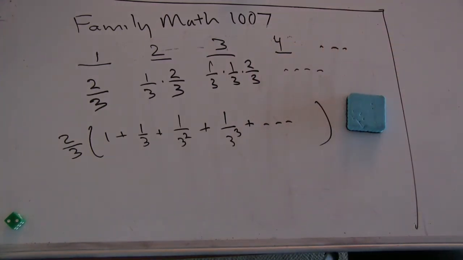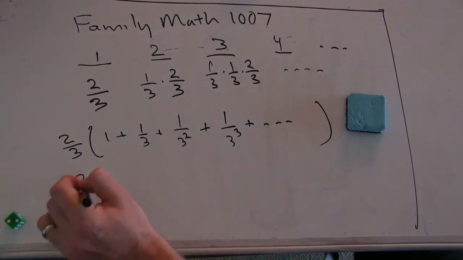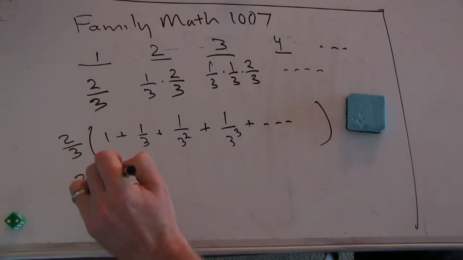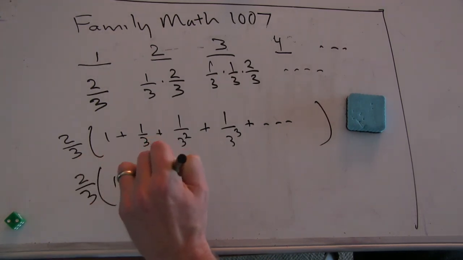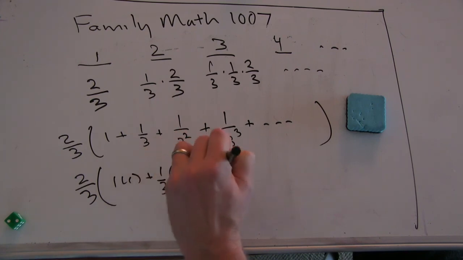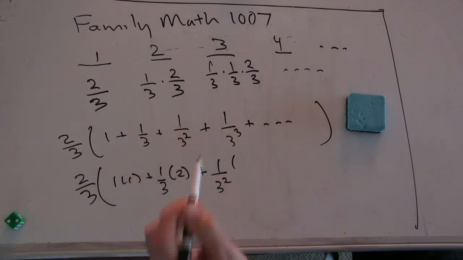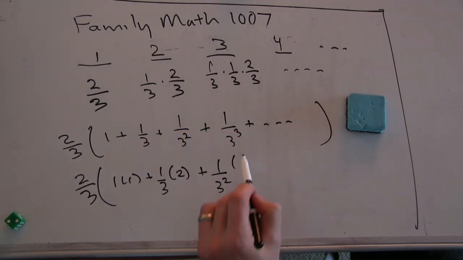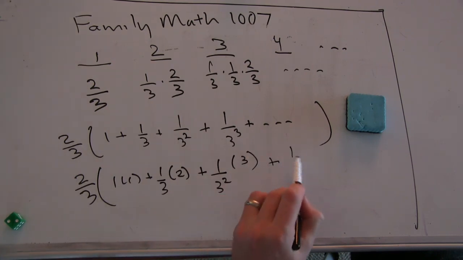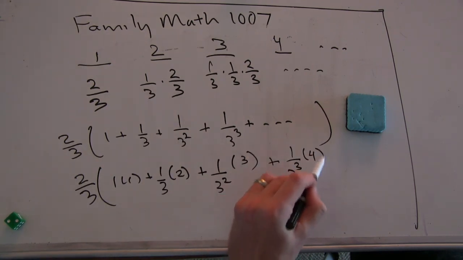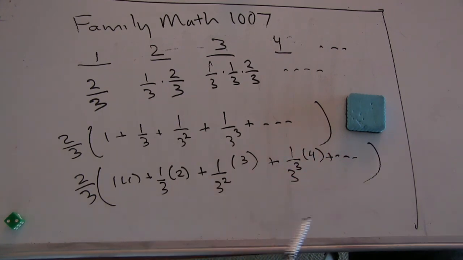And the series that we're trying to add up to get the expected number of rolls is 2/3 times 1 times 1 plus 1/3 times 2 plus 1/3 squared times 3 plus 1/3 cubed times 4. This gives us the expected number of rolls. So we need to figure out how to sum this series. Okay, so we'll do that in the next video.